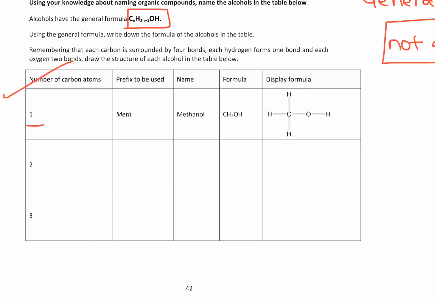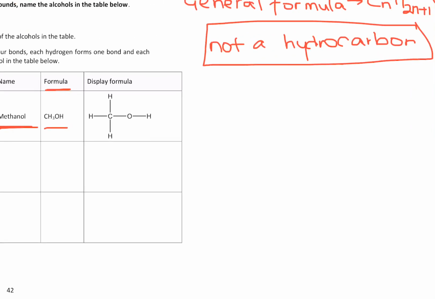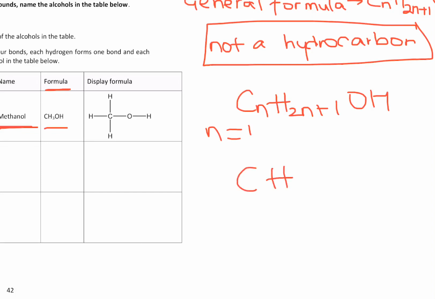So 1 carbon, meth, so methanol, formula CH3OH. So if n is equal to 1, then the formula will be C, H, 2 times 1 plus 1, 3, OH.